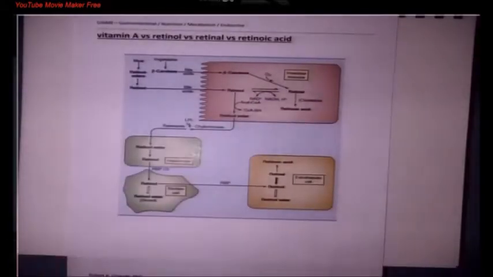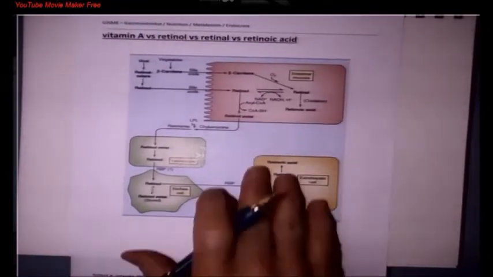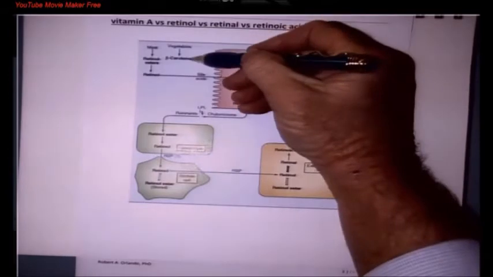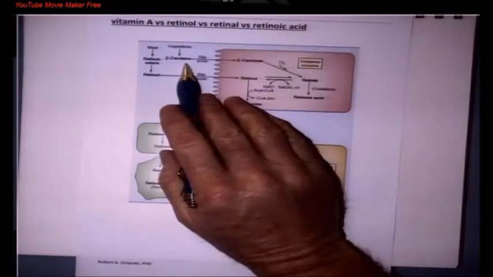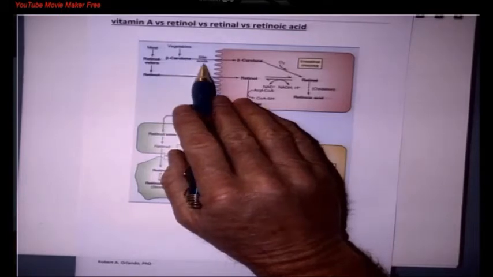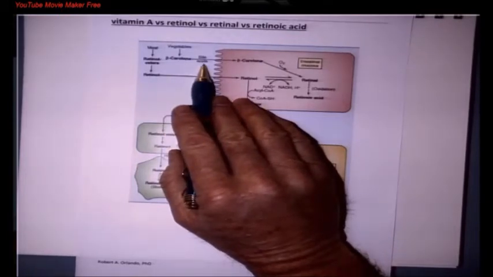So how does this system work in circulation? So here's our beta-carotene. I have here beta-carotene and bile acids. So what is this about?